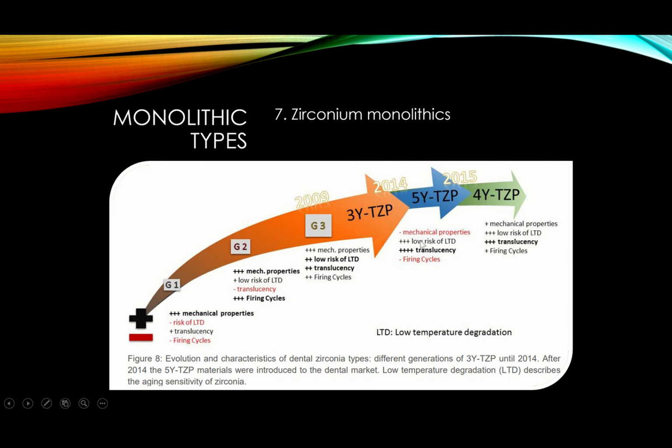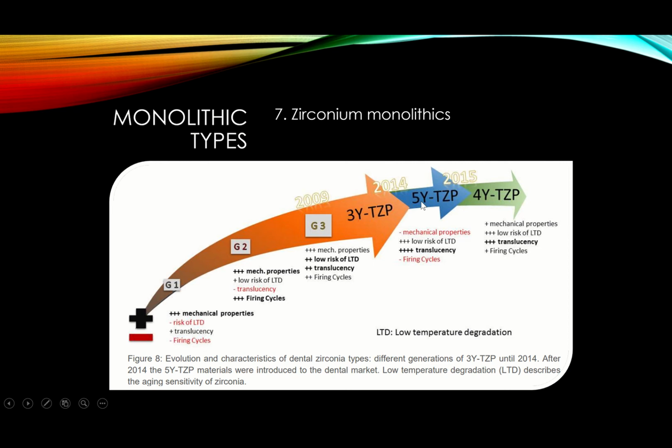So mechanical properties were very weak, and it had a low risk of LTD, but for translucency, there are 4 pluses. It's very translucent zirconia. But they obtained this translucency by adding more weight percent of yttrium, 5 yttrium stabilized zirconia.